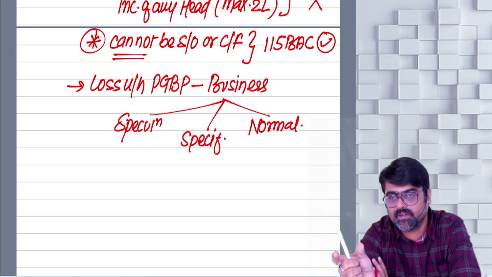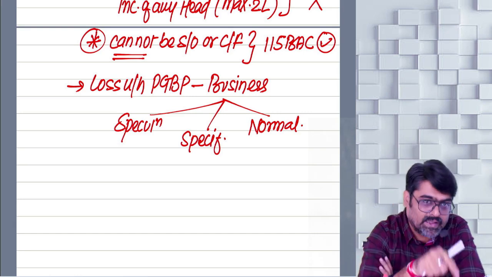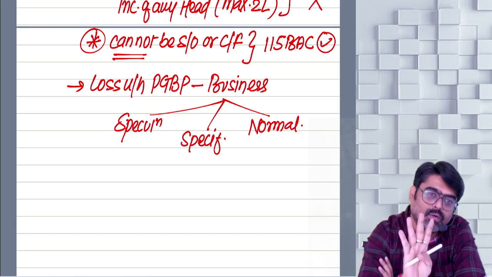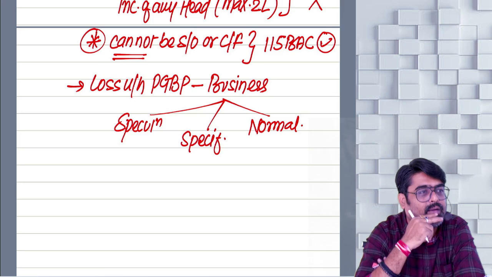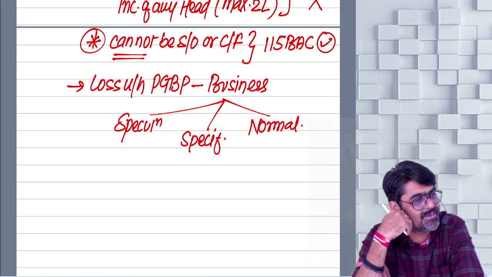Now speculation business loss can be set off only within the same head, because speculation business income you cannot find under other heads.